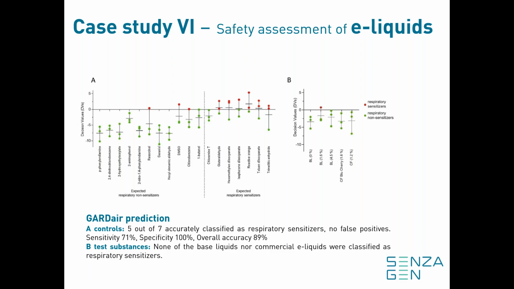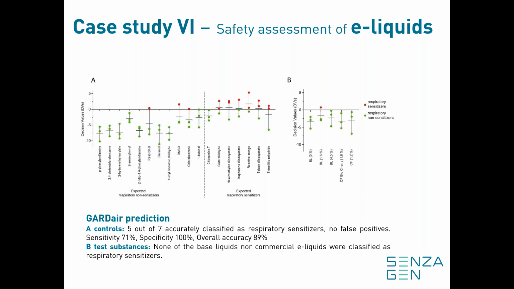As you can see, the overall accuracy of this classification was 89%. This demonstrates that this assay could be used for testing this endpoint. After that, we proceeded with the testing of the five e-liquids that had various compositions.